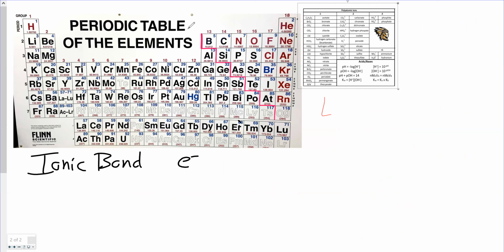All right, here's lithium chloride. I give you the name. The first thing you've got to do is write the symbol. Somebody give me the symbol for lithium. Li. Li is the symbol for lithium, all right?